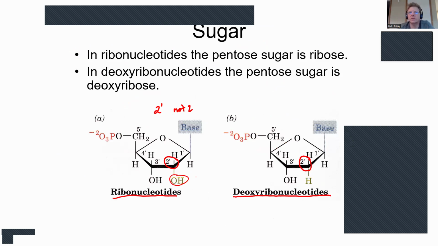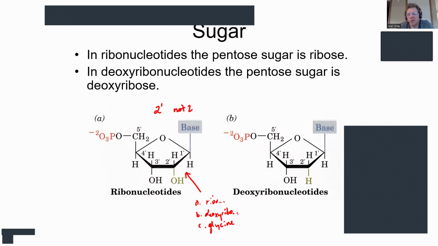This is the sort of thing that seems so trivial and so simple, but people will get this question incorrect. If I give you these two structures and I say, okay, this one is A, ribo, B, deoxyribo, and then C, let's say glycine, a surprising number of people will select deoxyribo.